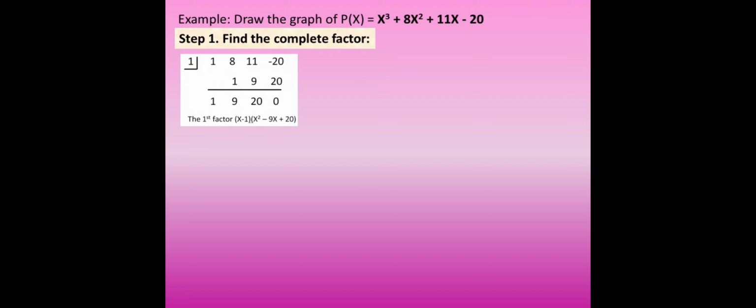Using synthetic division, we find the factors. As we discussed earlier, we use the trial and error method. We try all the possible factors of negative 20. We try 1, the remainder is 0, and therefore the first factor is x minus 1. The remaining quotient is x squared plus 9x plus 20.